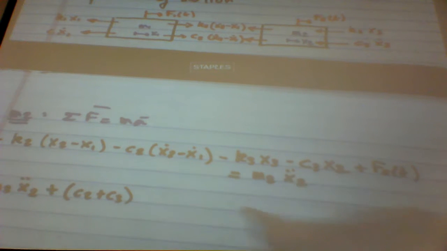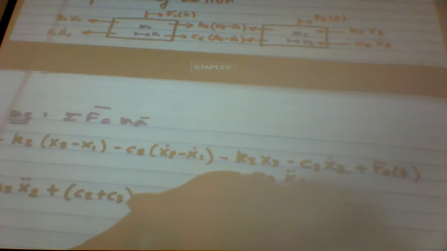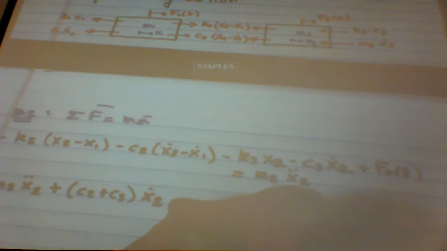What about here, K3? This is 2 and 2, yeah. And then it'd be plus K2 plus K3 X2.